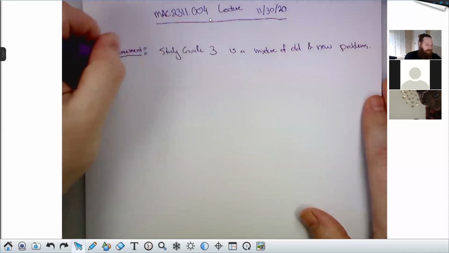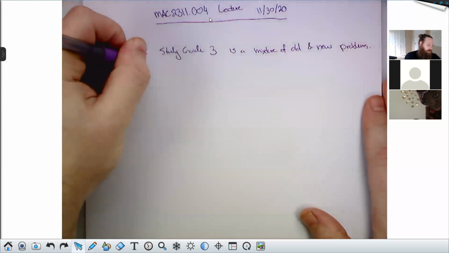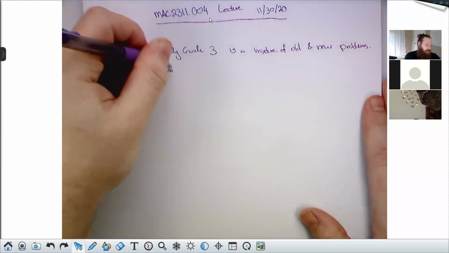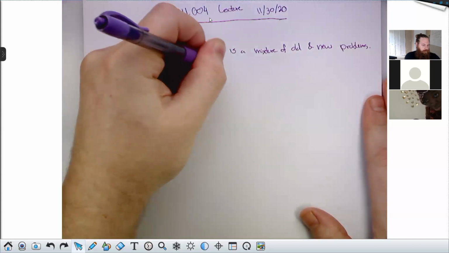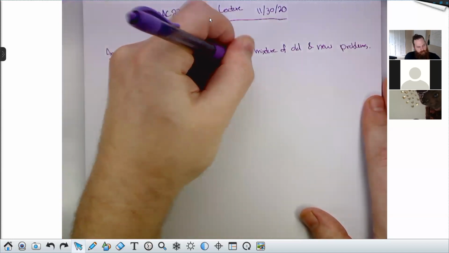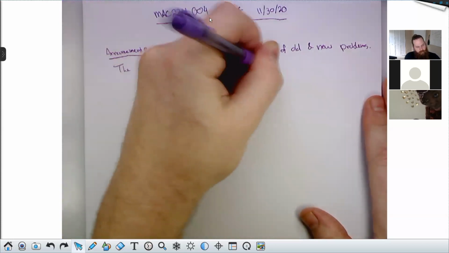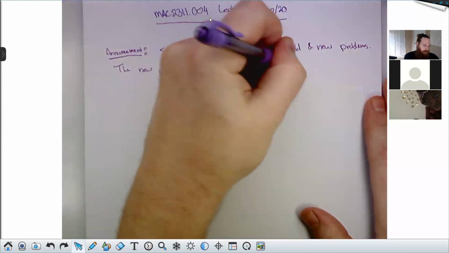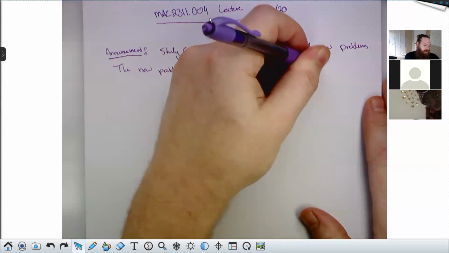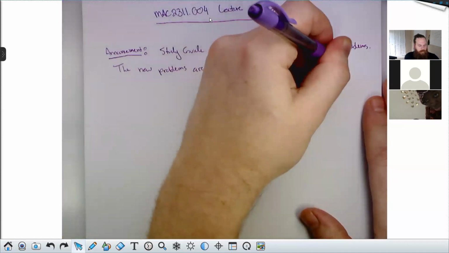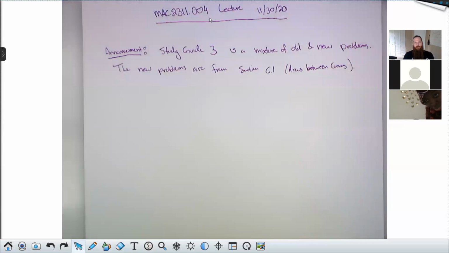The new problems are from section 6.1 on areas between curves, which we'll cover today. It's a very quick section. You won't have a hard time with it.